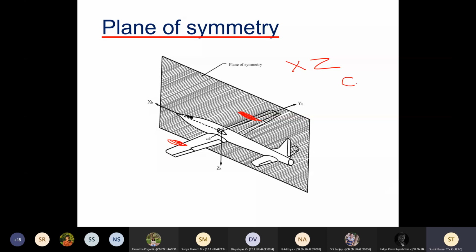I'll just draw the front view of a fighter aircraft. Can you guess when it is not valid?